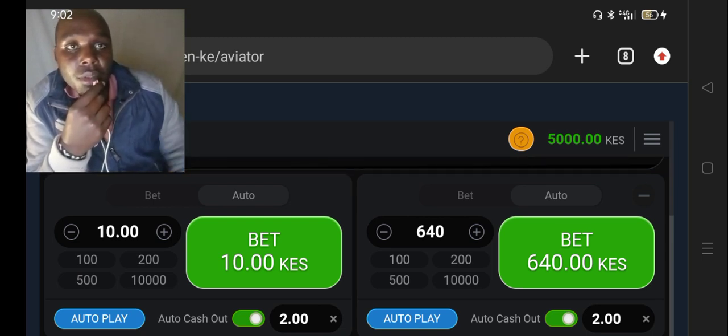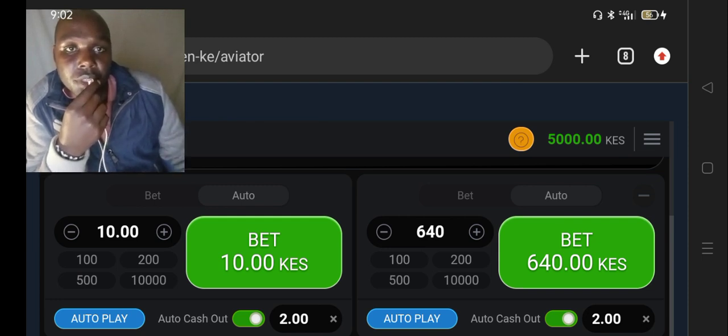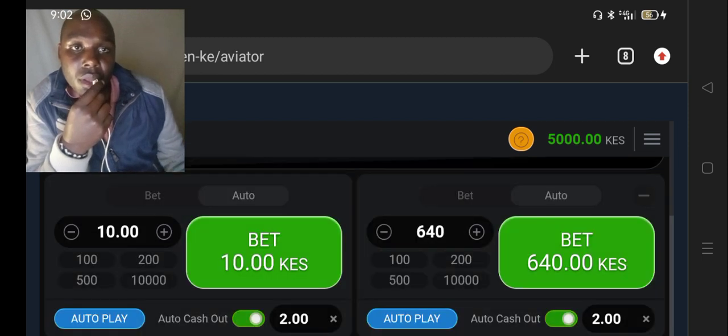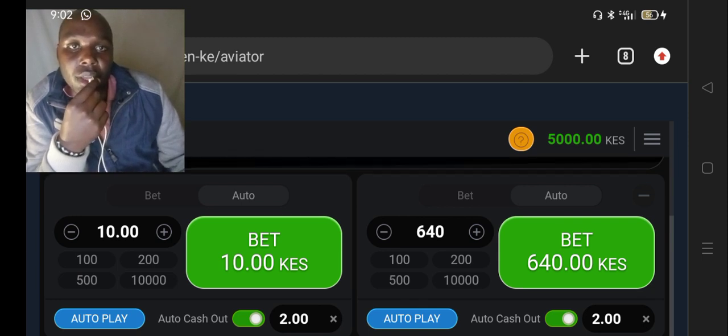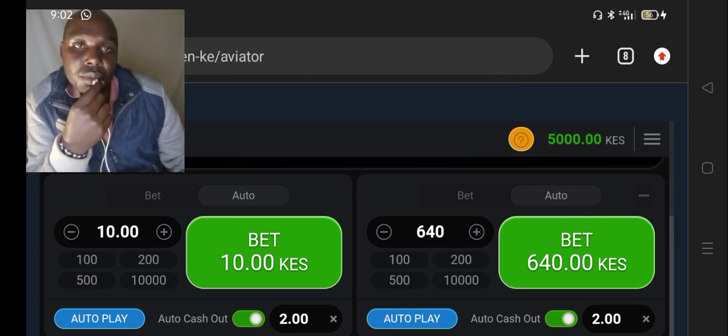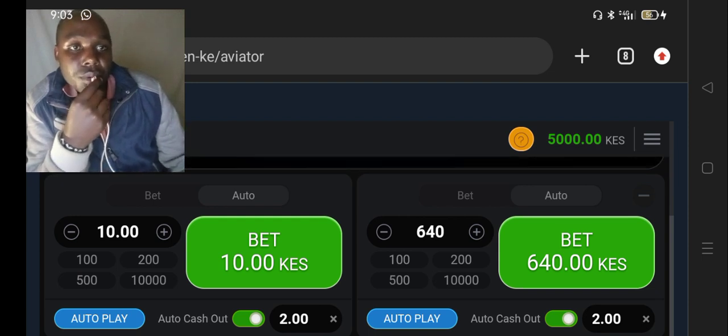The mode of betting we are going to use is that we will bet with 10 bob. When we win, we will bet again with 10 bob, but when we lose, we double our stake. For example, if it was 10 bob, we double to 20. When we lose again, we double to 40. We lose, we double to 80, and so on.